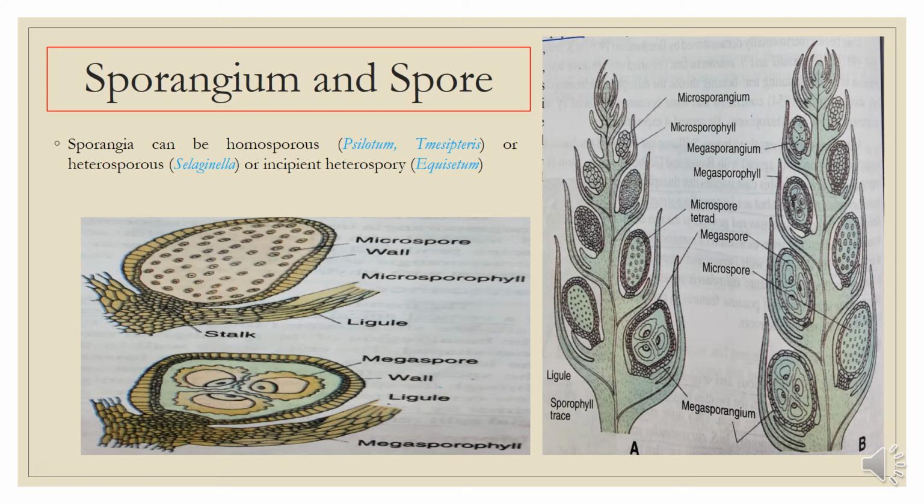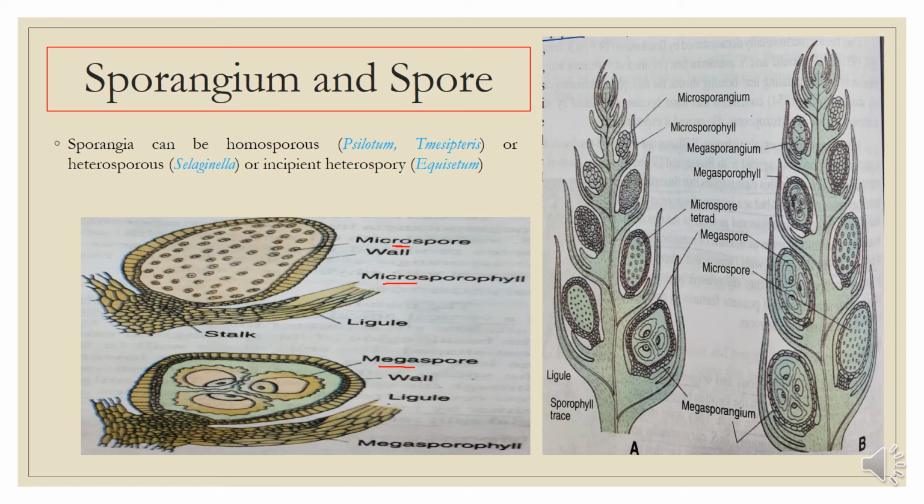Here in this picture, we see the microsporophyll containing the microsporangia, and these are the microspores. And here the megasporangia containing the megaspores. The microspore produces a gametophyte that usually generates the antheridium, or the male sex organ.